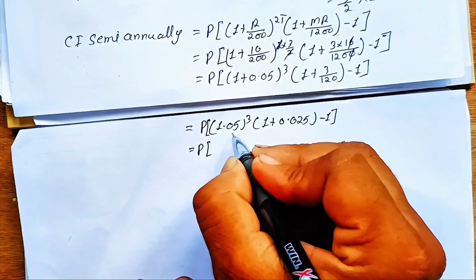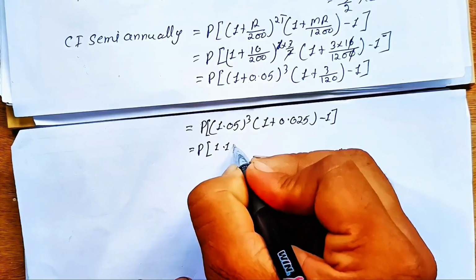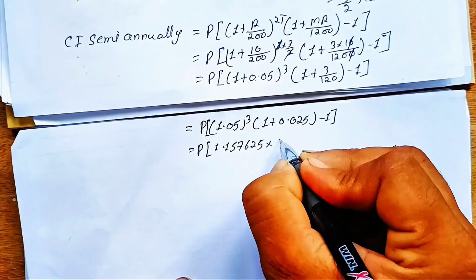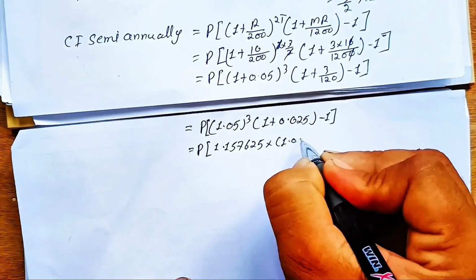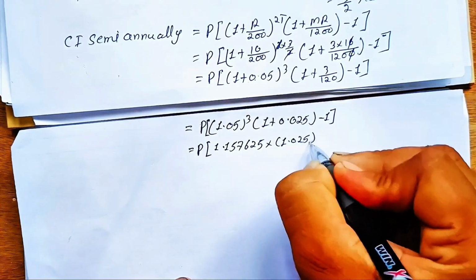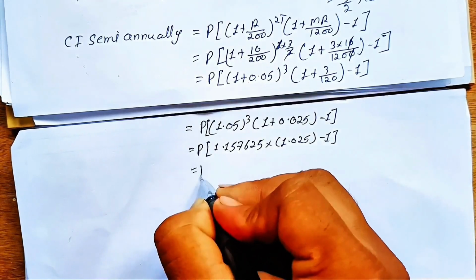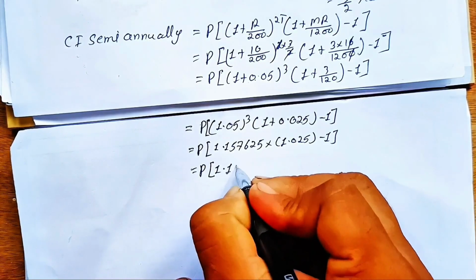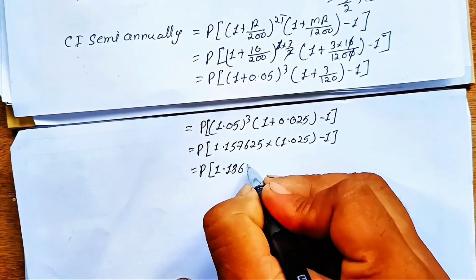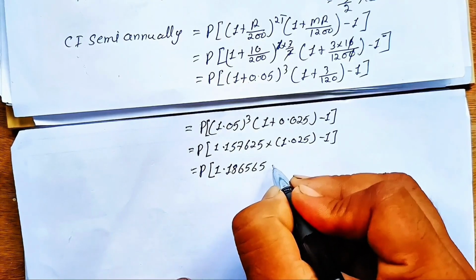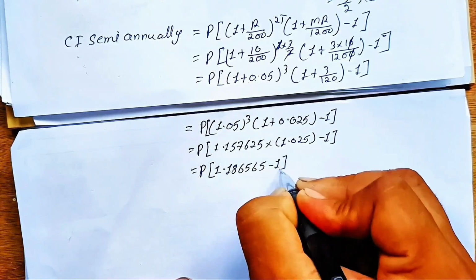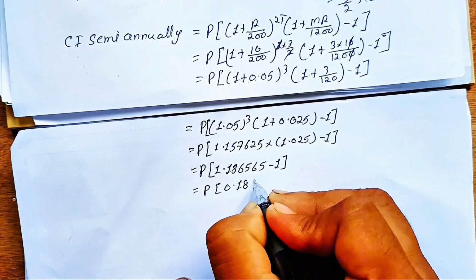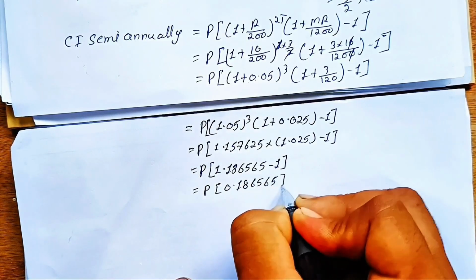Now the cube of 1.05 becomes 1.157625 into 1.025 minus 1, and the product of this becomes 1.186565 minus 1, 3 times 0.186565.